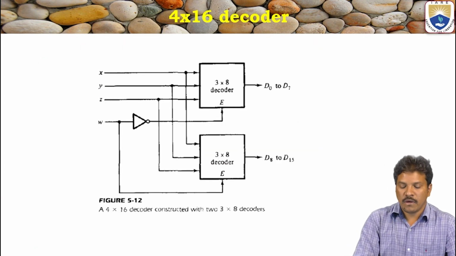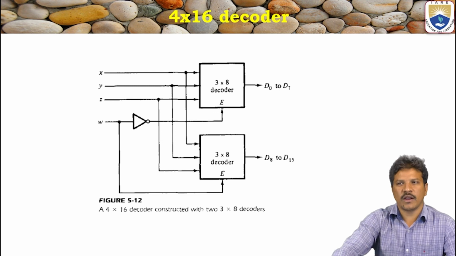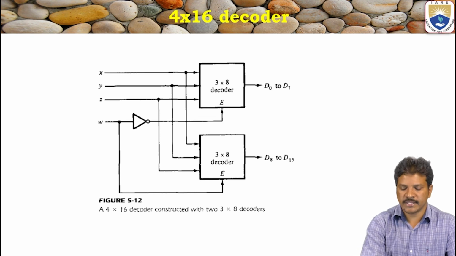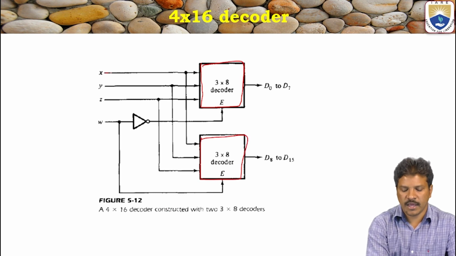And if you want to design higher order decoders, by using the lower order decoders we can have a 3 to 8 decoder with enable, and how to generate a 4 by 16 decoder. So take two 3 to 8 decoders and connect the XYZ common for both 3 to 8 decoders, and the extra enable pin is connected with the 4th input.